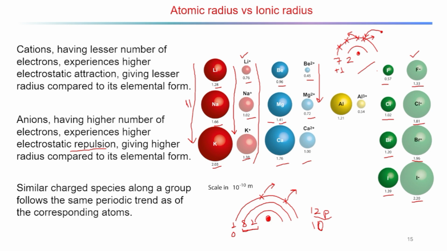But you cannot compare lithium plus to fluorine minus, fluoride. These are not the same charges. Here it is plus 1, and here it is minus 1. So you cannot compare those to take the periodic trend, or compare plus 1 to plus 2. These are not similar charge. If you have similar charge species, only then this rule will apply, and the ionic radius trend will exactly follow the atomic radius trend.